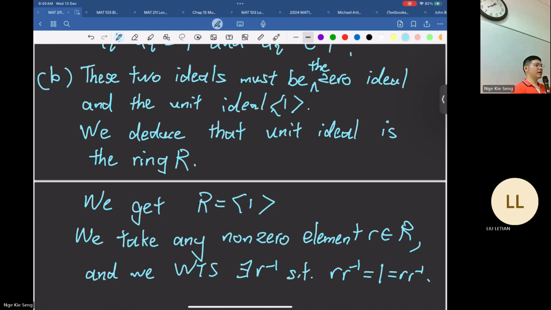Recall the definition: for r to be invertible, I have to find the inverse.